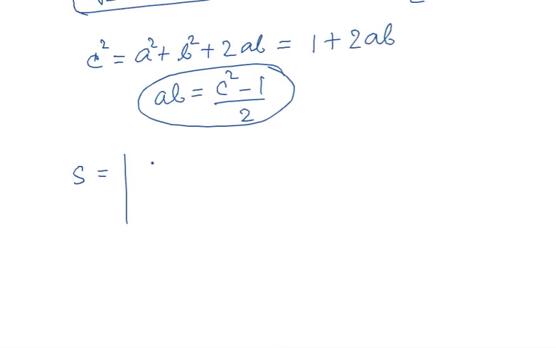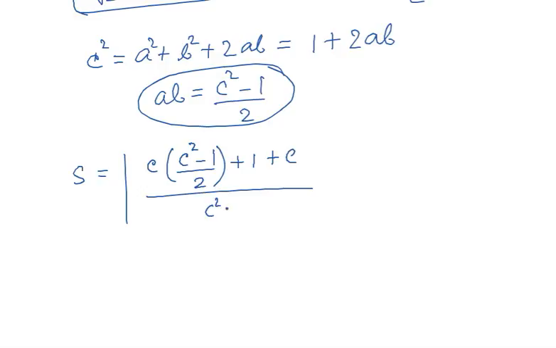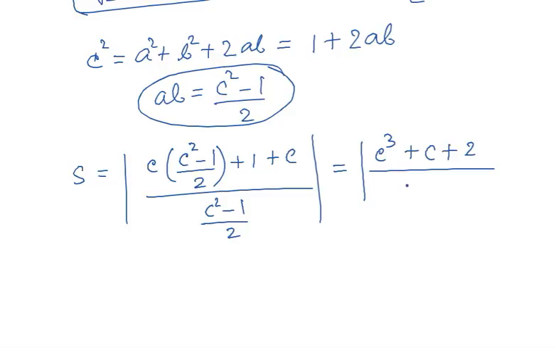So it will become c into c square minus 1 by 2 plus 1 plus c divided by c square minus 1 by 2. So this, on simplification, will give us c cube plus c plus 2 divided by c square minus 1.